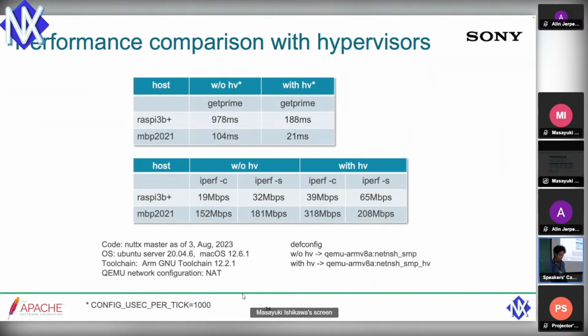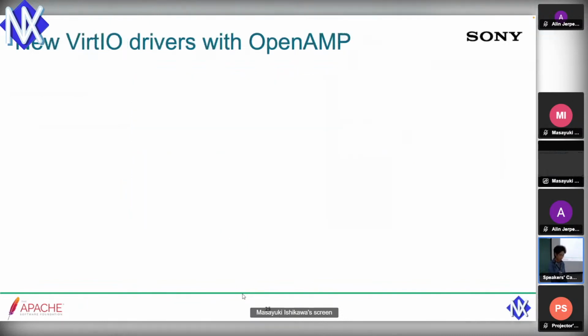The performance improvement is not as good as the getprime case because getprime is a CPU intensive use case, and it's easy to improve performance compared to iperf, which needs more interaction with drivers.